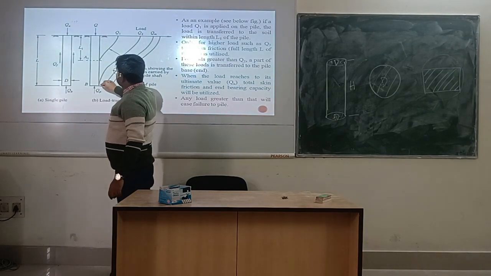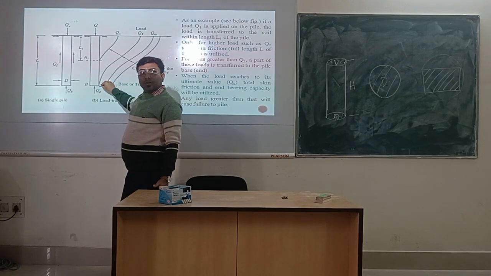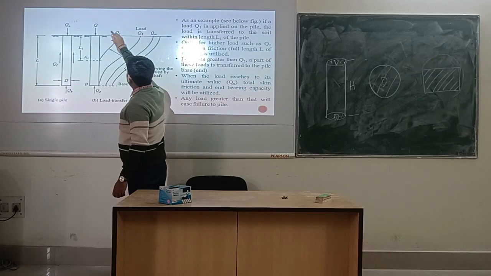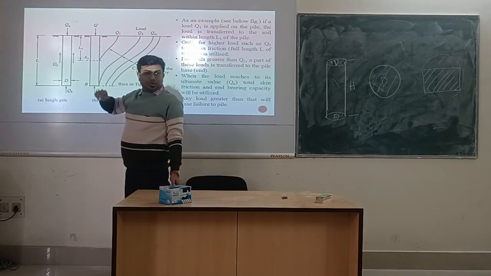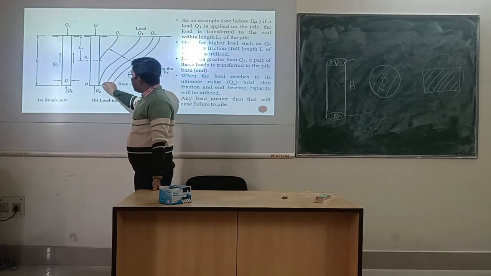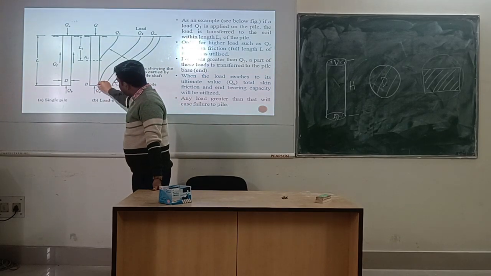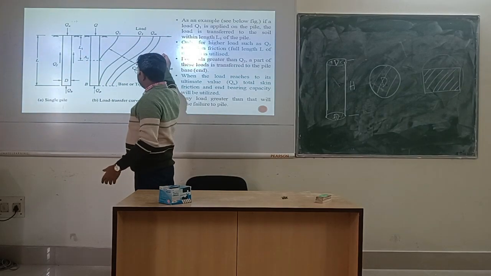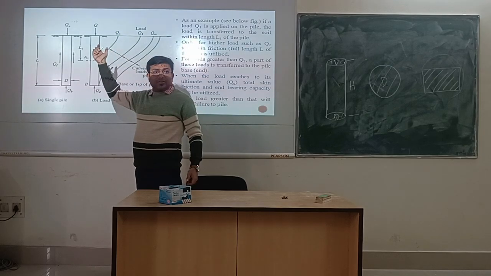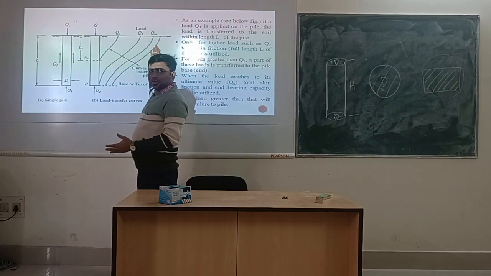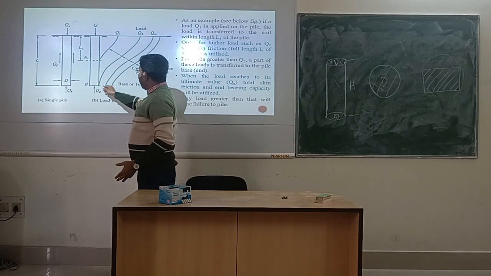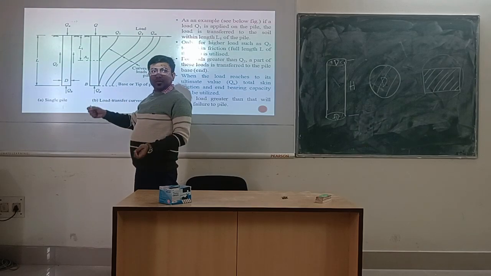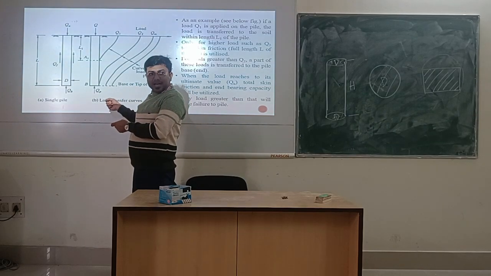Then the total skin friction capacity of this pile will be utilized, and if we again increase this Q load to maybe 65 kilonewton, then 5 kilonewton of the end bearing capacity will be utilized. And if we increase that load from 65 kilonewton to 70, 75, 80 kilonewton, then the total skin friction plus some of the end bearing capacity will continue to be utilized.